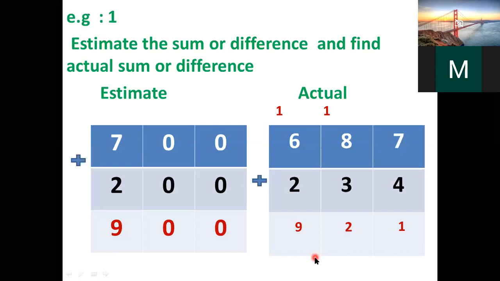Listen children, to estimate two numbers, first add the actual values, after that add the estimated values. For rounding off, a 2-digit number is rounded to the nearest tens, a 3-digit number to the nearest 100, and a 4-digit number to the nearest thousand. After that, you can add.